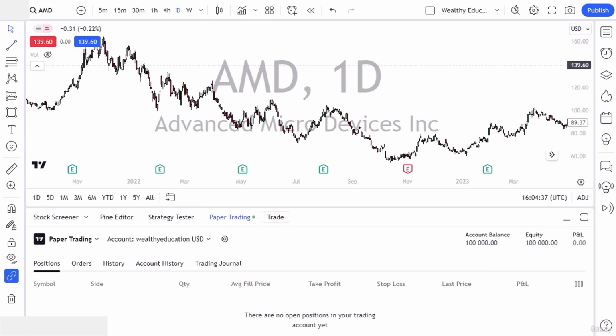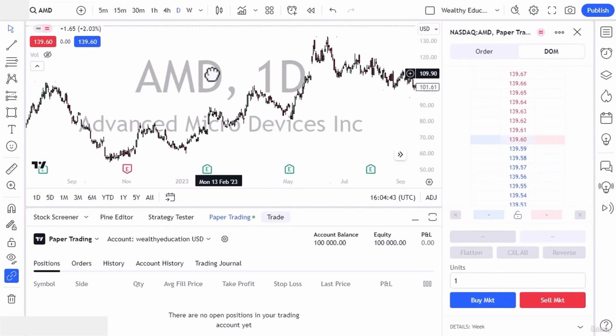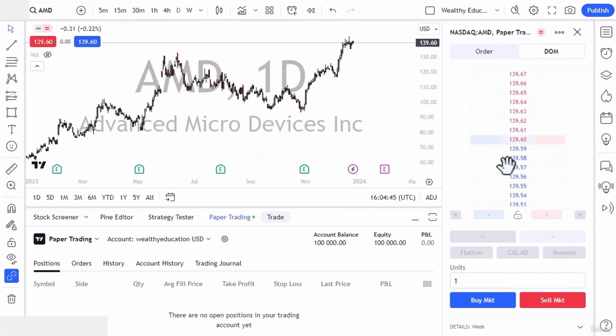You can click trade, and then it pulls up the DOM. Now, it is after hours, but if I wanted to buy or sell, so I could buy this limit here.